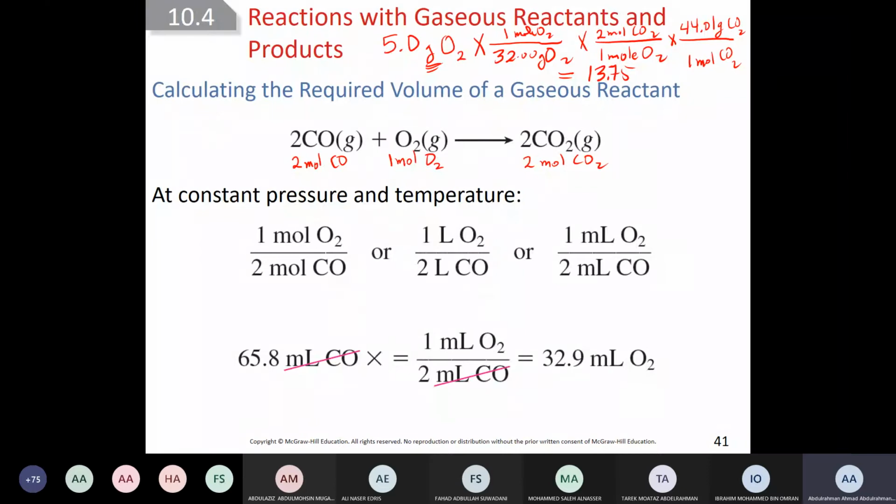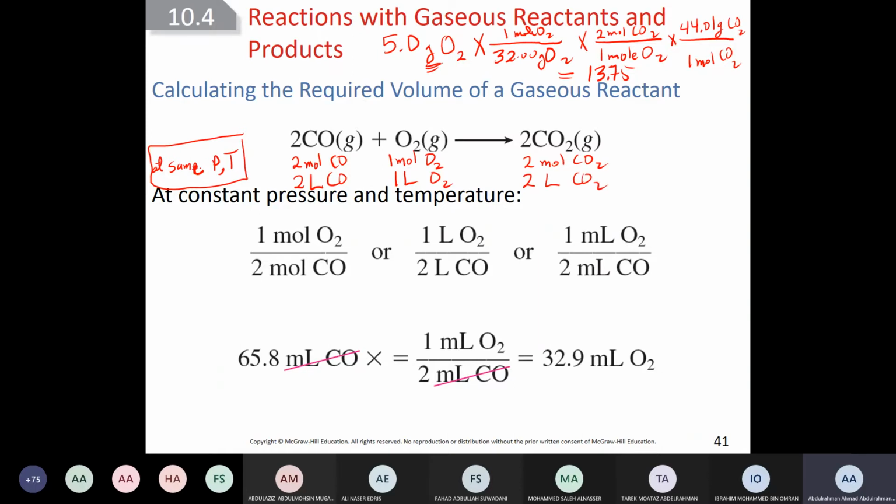Yes. For gases at the same P and T, you should not change the temperature or the pressure. Then I can say 2 liter CO reacts with 1 liter O2 to give me 2 liter CO2. Is this clear?